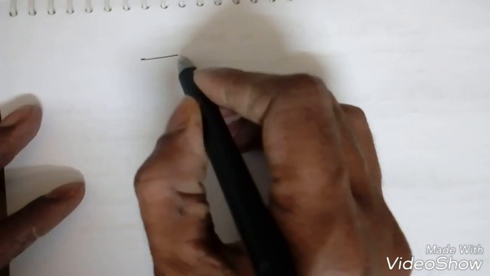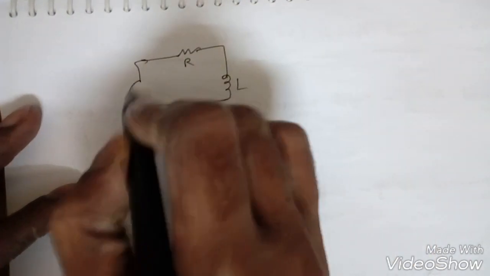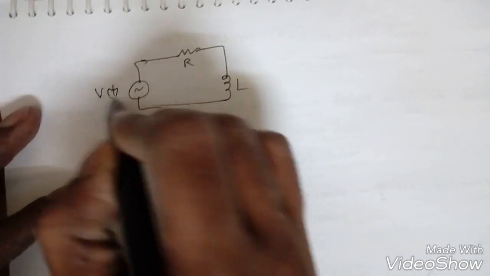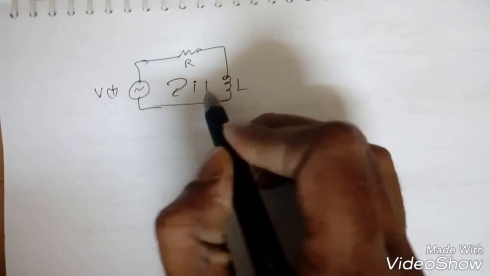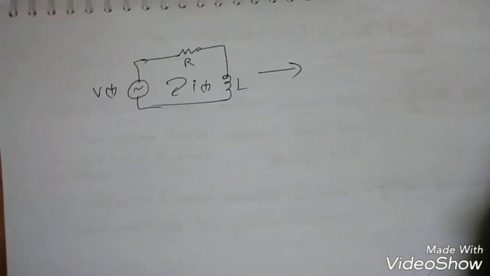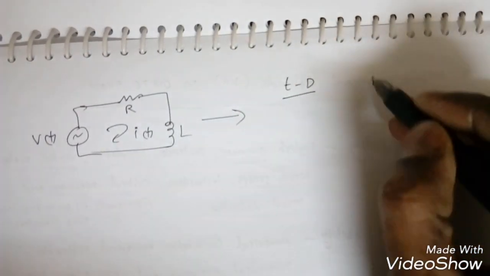To find the steady state response, again I will take that circuit, which has R and L and v(t), with current i(t). We have to convert into the phasor domain, so first we go from time domain to phasor domain.